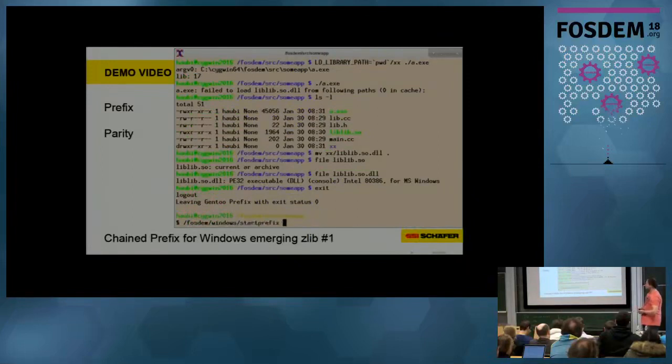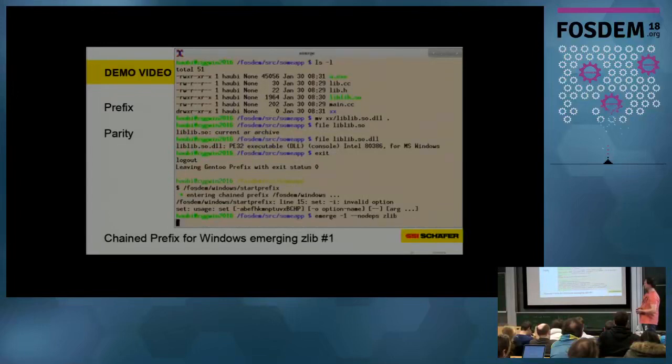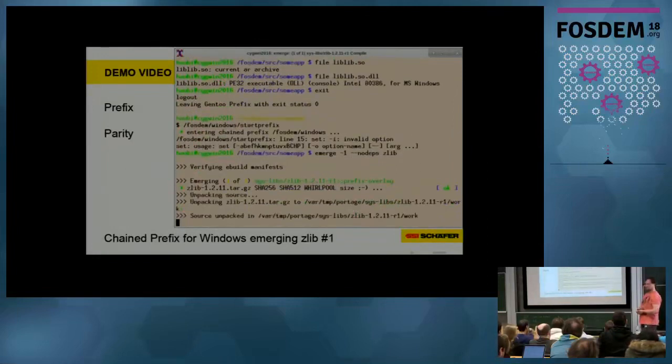So now I'm going to merge zlib, because it is a small library, in the Windows prefix, which is managed by the Cygwin installed Portage. I don't recalculate dependencies, but this is Portage doing its work for Windows.